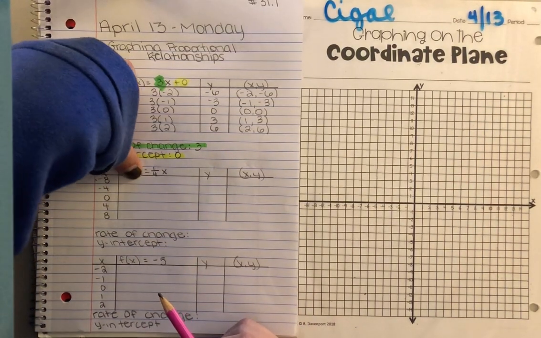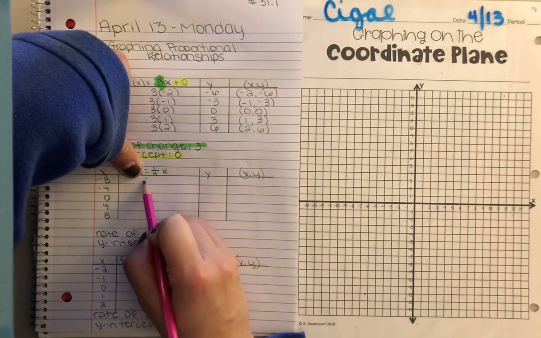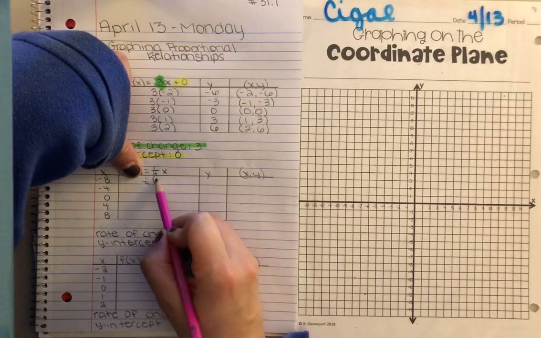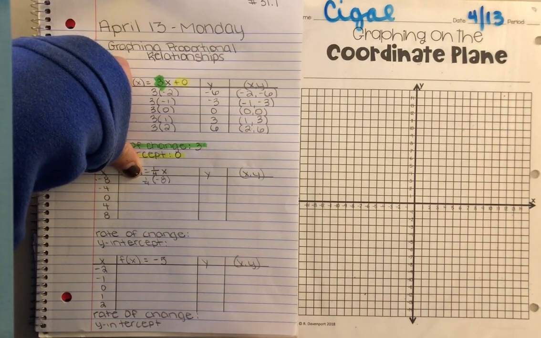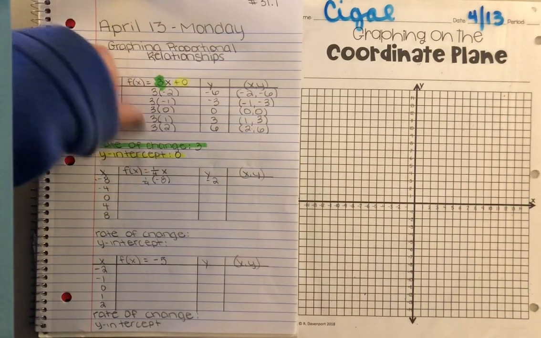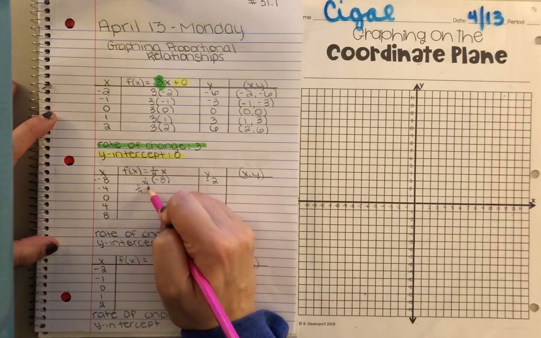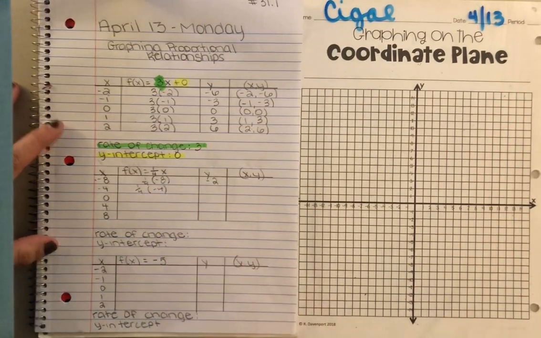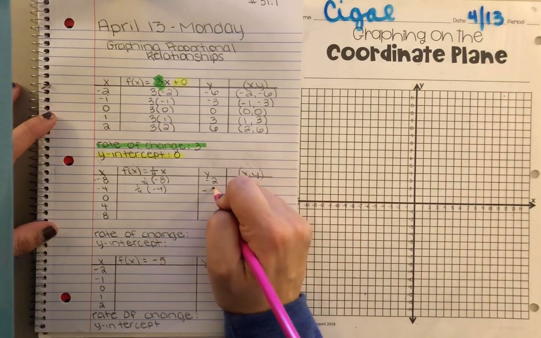Remember, if you don't feel comfortable with the function of x notation, ignore it. And we are looking at 1/4 times negative 8. So 1/4 of 8 is 2, and I have a negative. Let's do it again. We're looking this time at 1/4 times negative 4. Positive times a negative is negative, and 1/4 of 4 is 1.